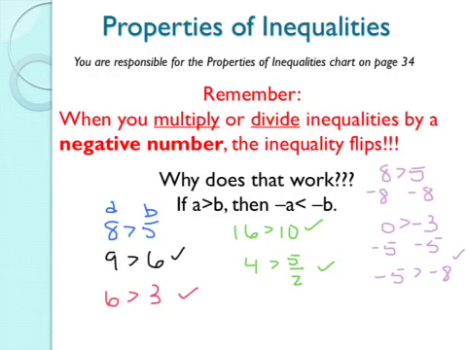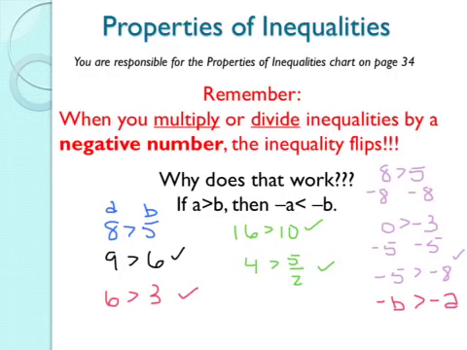I said that A was 8 and B was 5, so let's substitute that back in. A was 8 and B was 5. And look what I have now. I went from A bigger than B, 8 bigger than 5, and then I moved things around. I used my algebra skills, and I did nothing that violated any math rules, and I ended up with -B is bigger than -A.